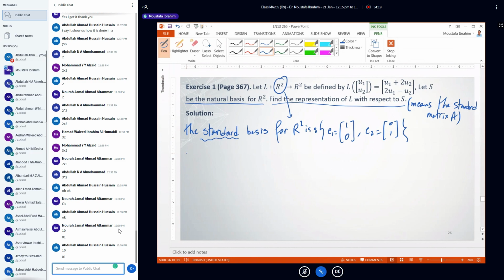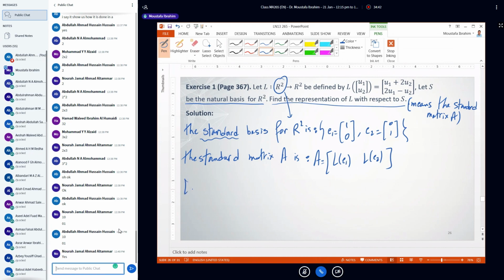Now, we need to find the standard matrix. A is, too simply, we take the outputs L(E1) and L(E2). Correct? So let's find L(E1). L(E1) means L(1, 0). What's the definition? You take first plus 2 multiply second. So it will be first plus 2 multiply second, 1.